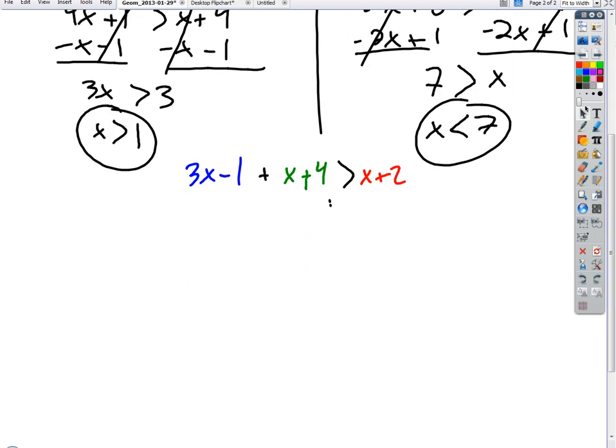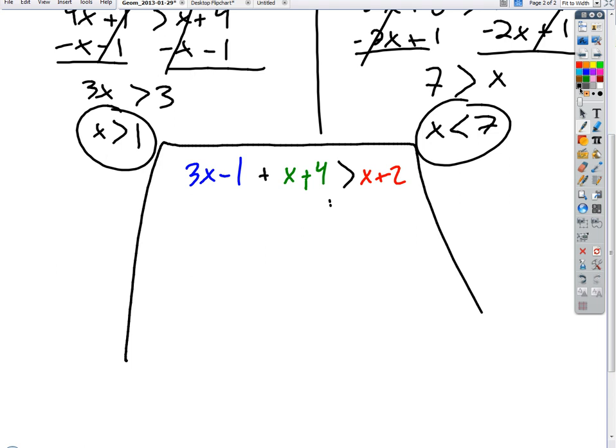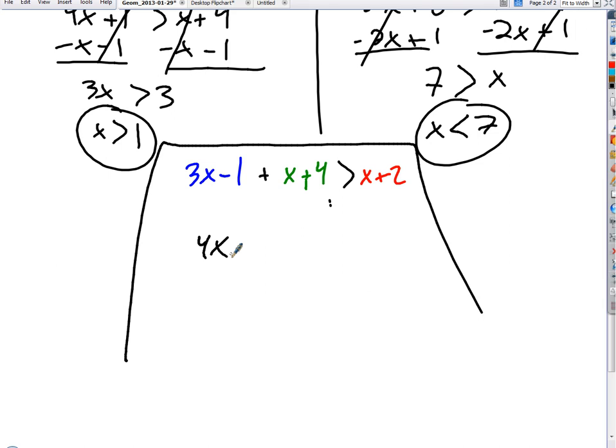Okay, so if we solve that, combine like terms on the left side and get what? How many x's? On the left side? 4x. Negative 1 plus 4 plus 3 is greater than x plus 2.